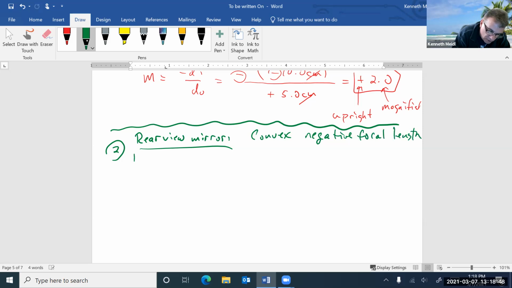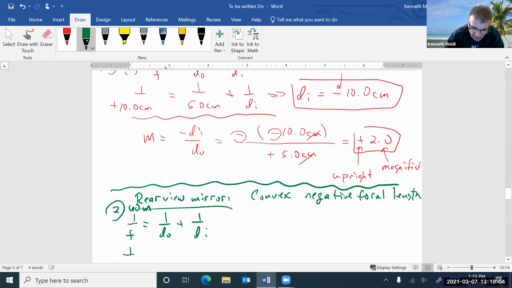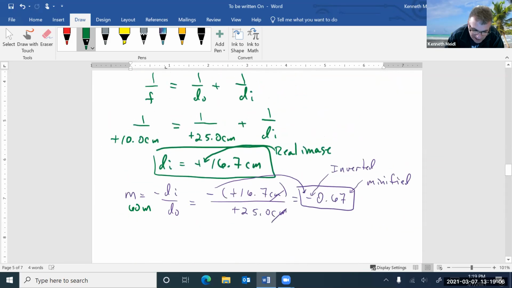So I'm going to go to the mirror equation. I'm trying to find this image. And so I'm going to tell this equation that my focal distance was, I believe, 60 centimeters or 0.6 meters, but I've got to put the minus sign in.